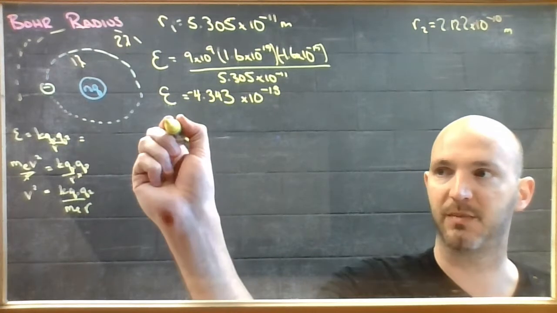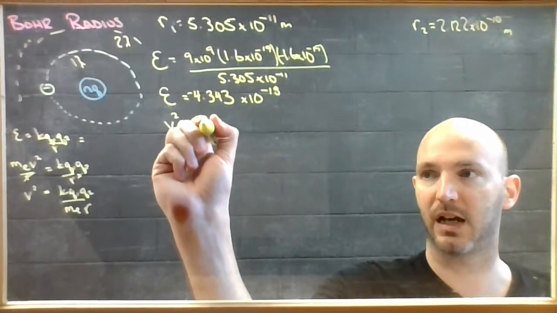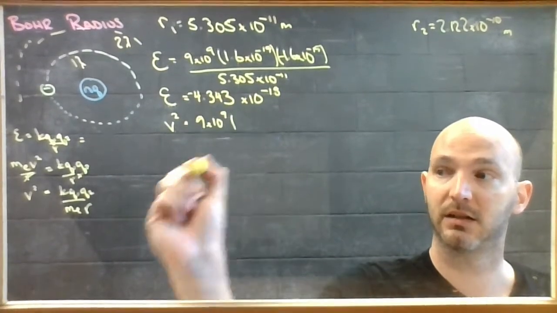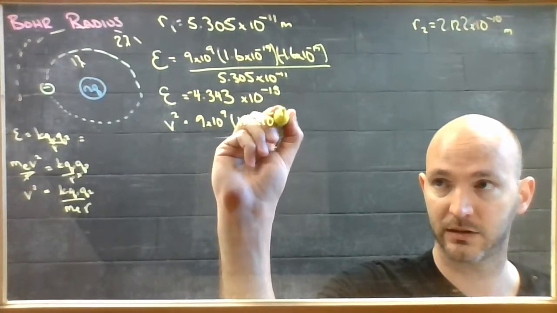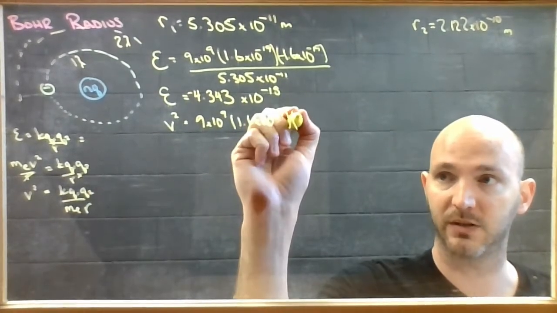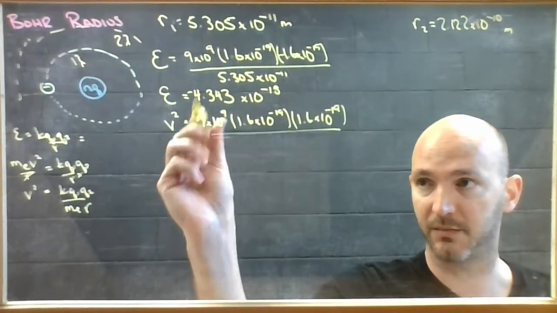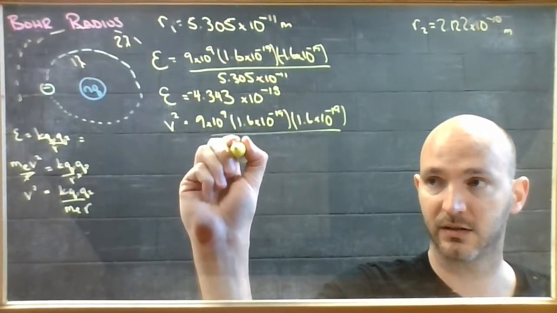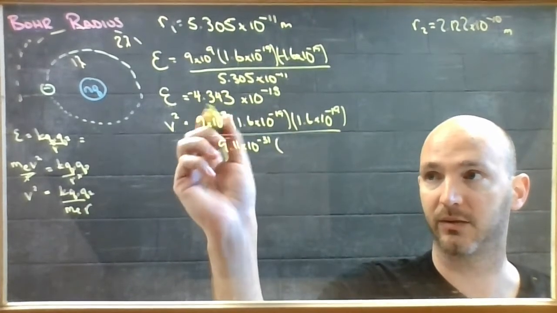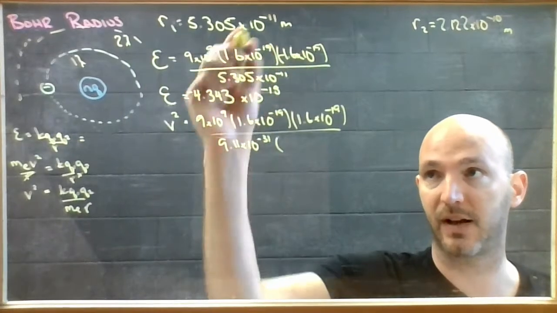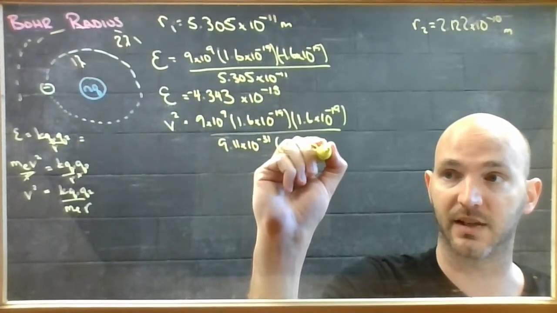So the speed squared at this particular orbit would be 9 times 10 to the 9 times the charge of the electron times the charge of the proton, divided by the mass of the electron and its radius, which is here, 5.305 times 10 to the negative 11. Radius of the orbit, I should say, to be more clear.